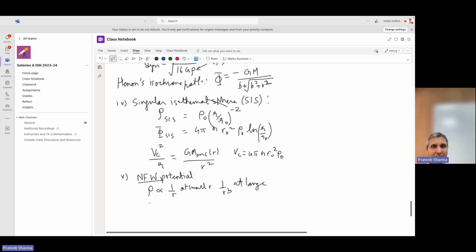The NFW form goes like rho is proportional to 1 over r times (r plus rs) squared. You can see that at small r, this is 1 over r, and at large r, it's 1 over r cubed. And the potential goes like 1 over r times log of (1 plus r by rs), something like this. Very simple manipulation.